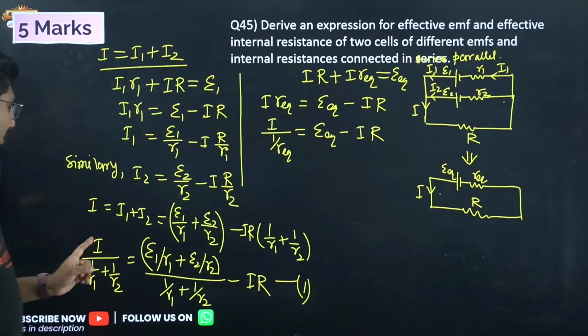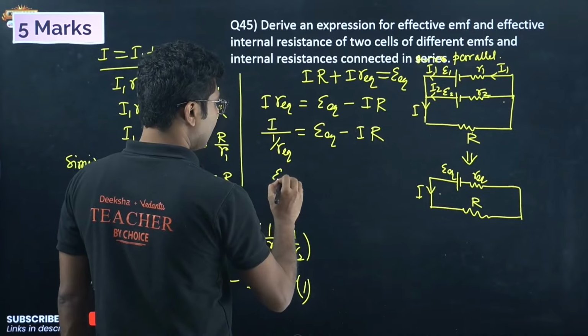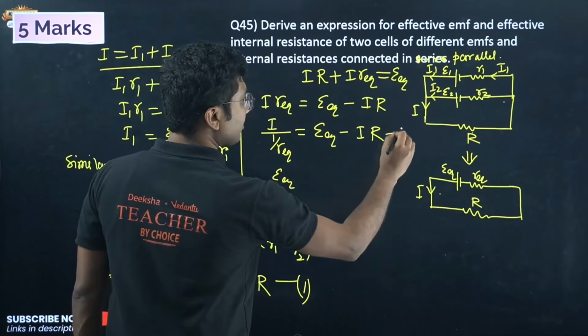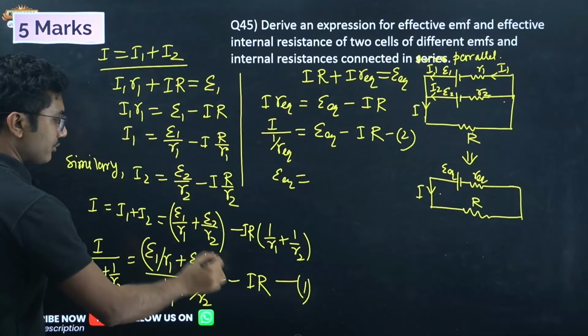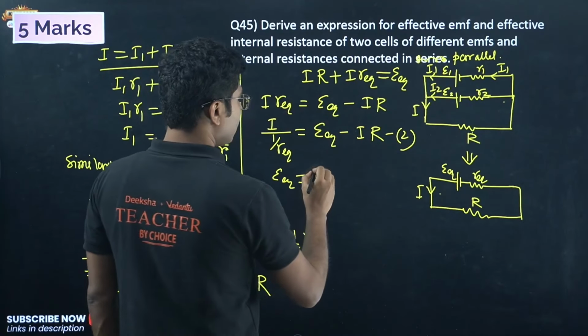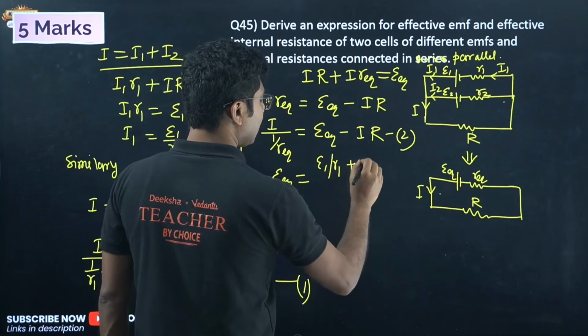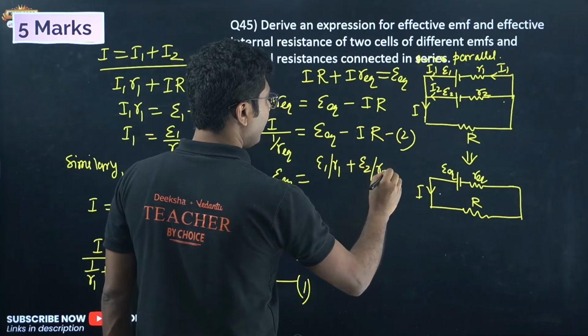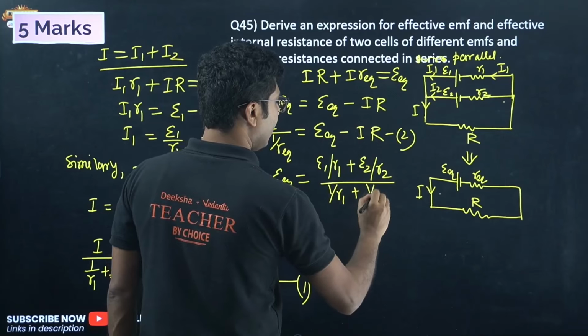Now see, if you compare these two equations, obviously epsilon equivalent is clear. This is my equation number 2. Comparing, we can write epsilon equivalent must be equal to this entire thing, that is epsilon 1 by R1 plus epsilon 2 by R2 divided by 1 by R1 plus 1 by R2.